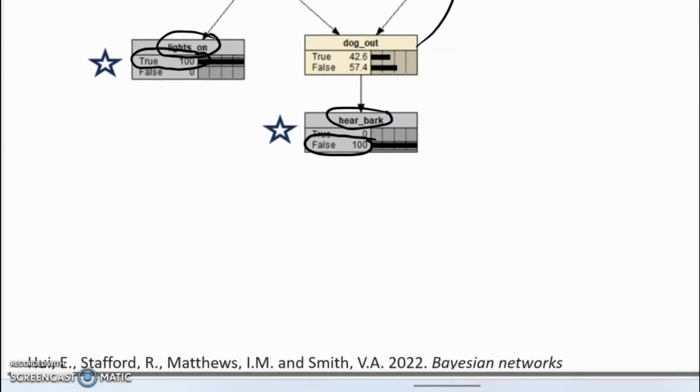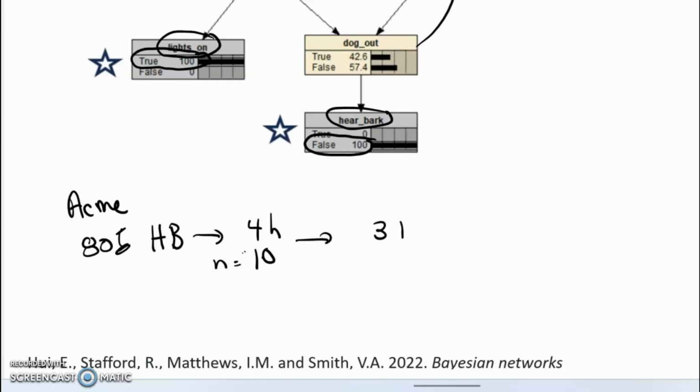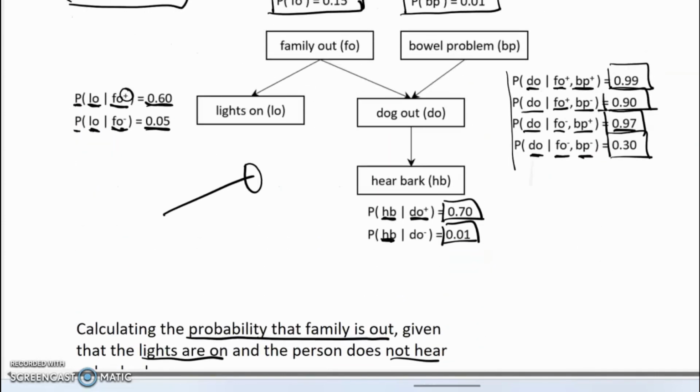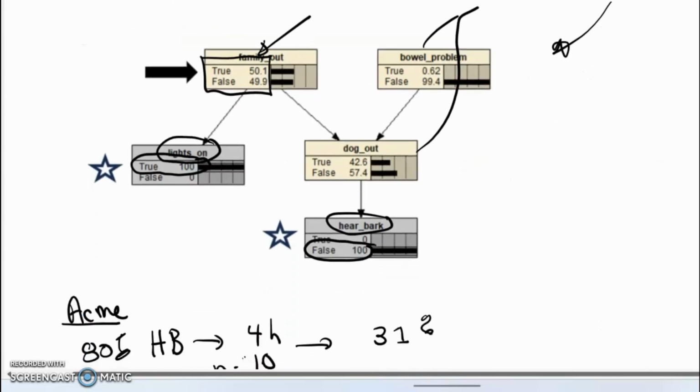So if we draw the camera back a bit and think about what happened in week 2, when we had Acme Coin Company, we started off with an 80% probability of having a head bias coin. We got 4 heads in n equals 10 flips, and the posterior probability of having a head bias coin was 31%. So we're doing a very similar thing here. We're going to start off with a prior probability that the family's out.